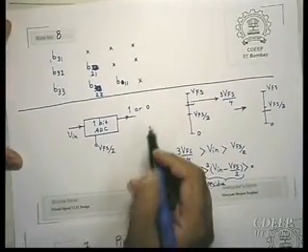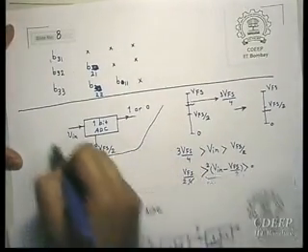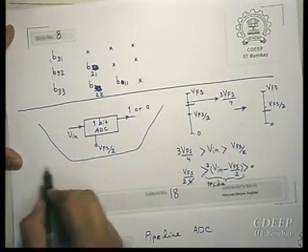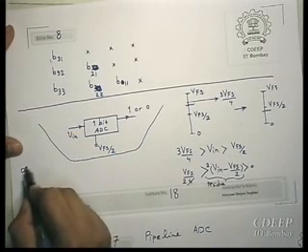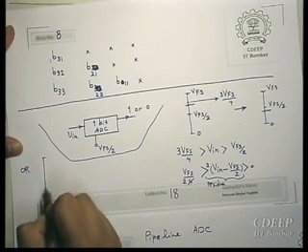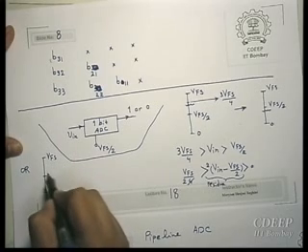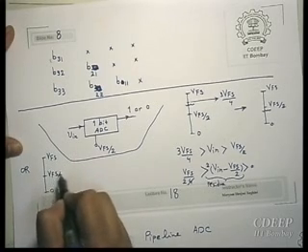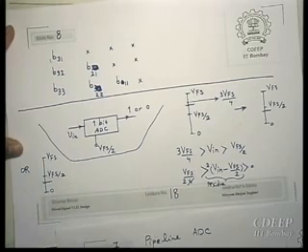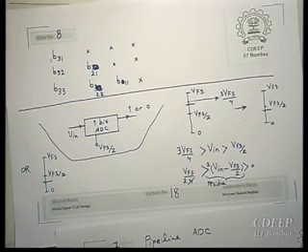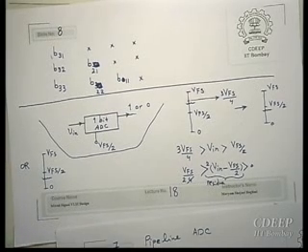Suppose it was below V full scale by 2. Suppose your signal is here. This is V full scale, this is 0, this is V full scale by 2. Suppose your signal was somewhere here. Therefore your output will be 0.